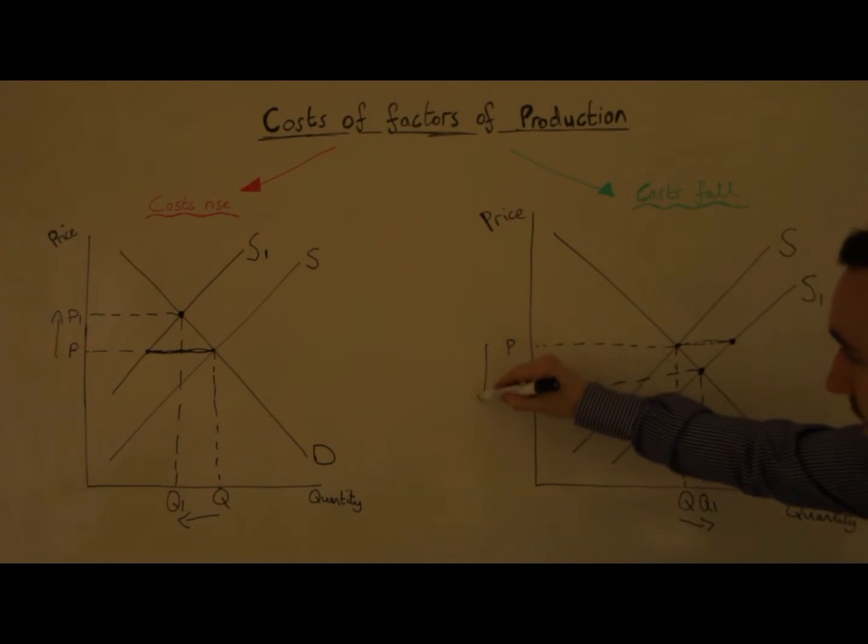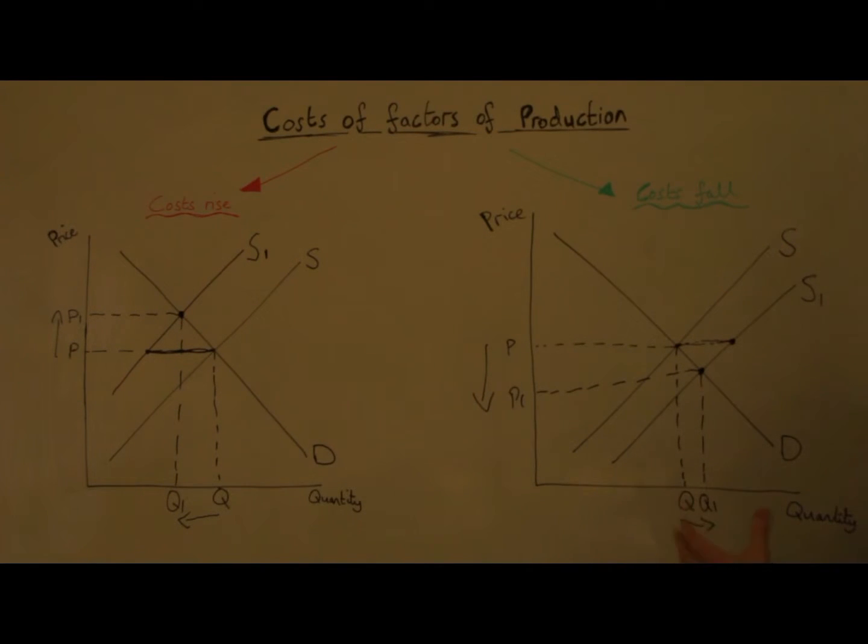So price actually goes down and the quantity demanded obviously goes up as well. And that's because at any given price level, firms are willing and able to supply more to the market, but they need to capture that demand in this market. So the only way to do this is at that price level to start reducing prices down to the new equilibrium where we hit P1 and Q1.